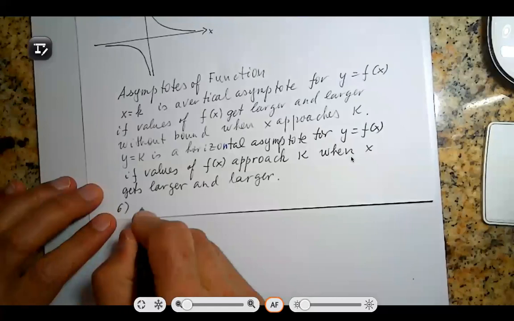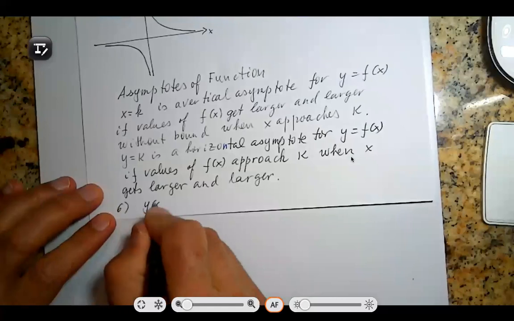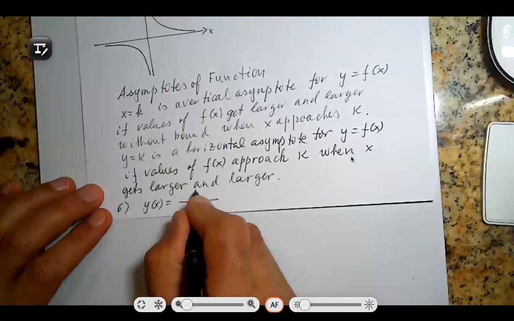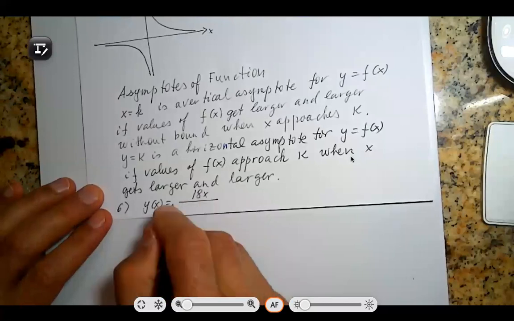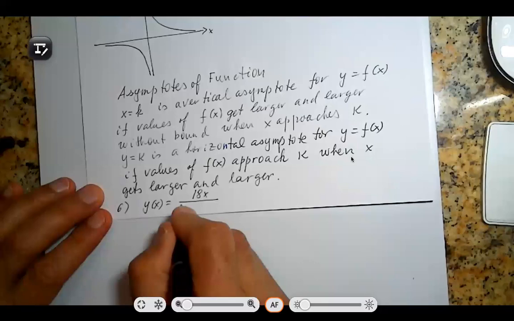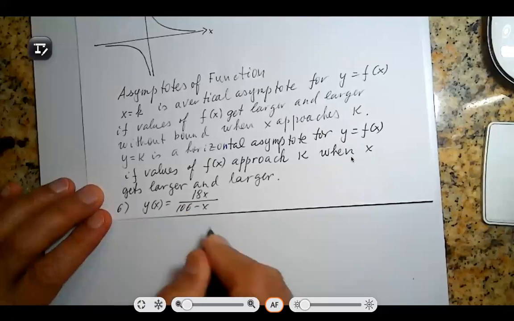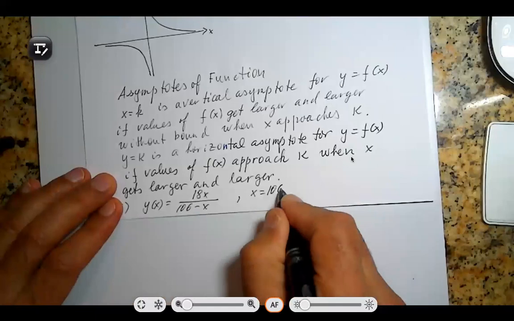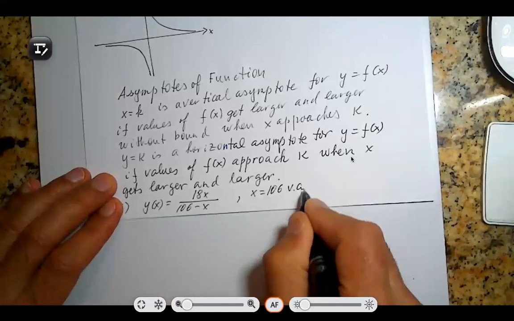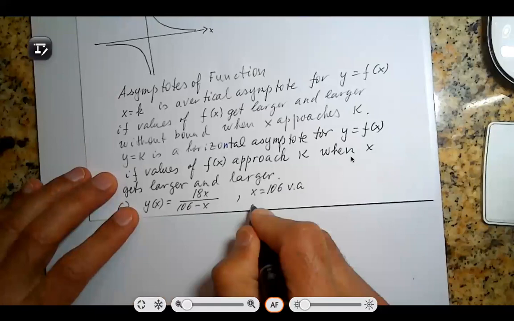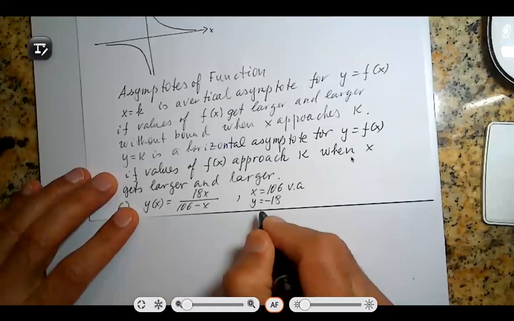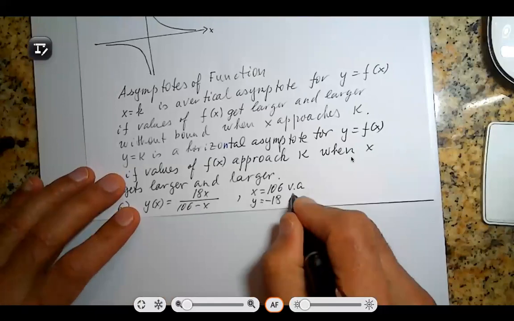So y equals 18x over 106 minus x. So x equals 106 is a vertical asymptote, and y equals negative 18 is a horizontal asymptote.